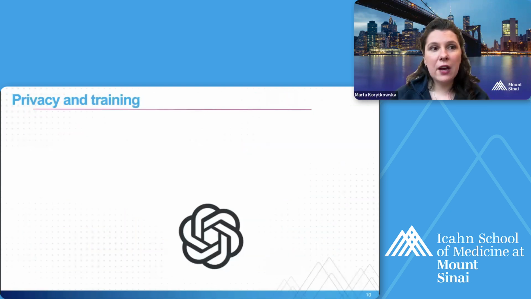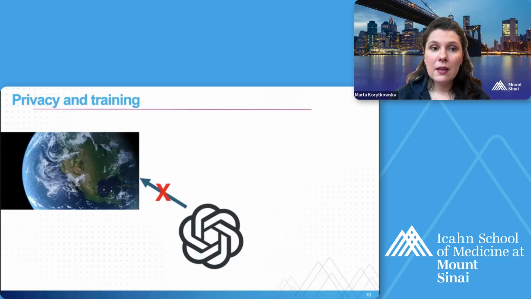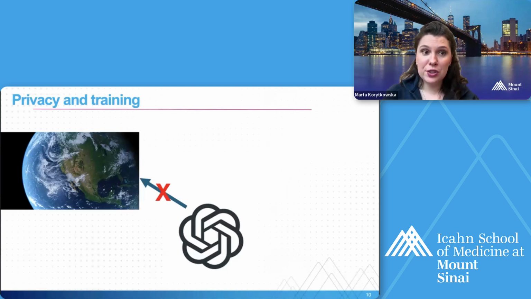We also have to consider how privacy and training are used within the models. It is really important that what you put into your instance of ChatGPT does not train the outside model. In the free version, or the paid versions, you'd have to toggle that off. However, there are no guarantees, of course.